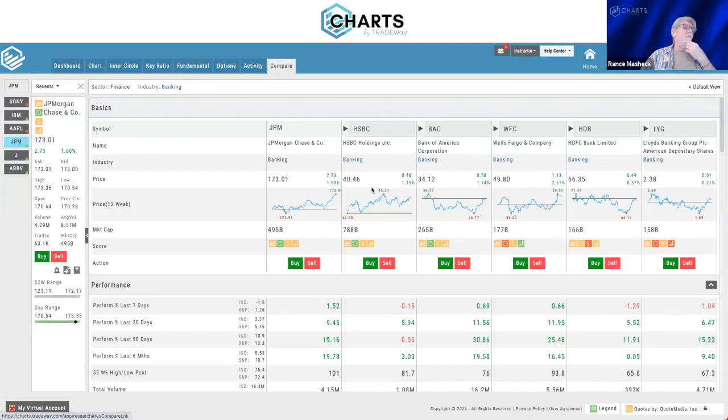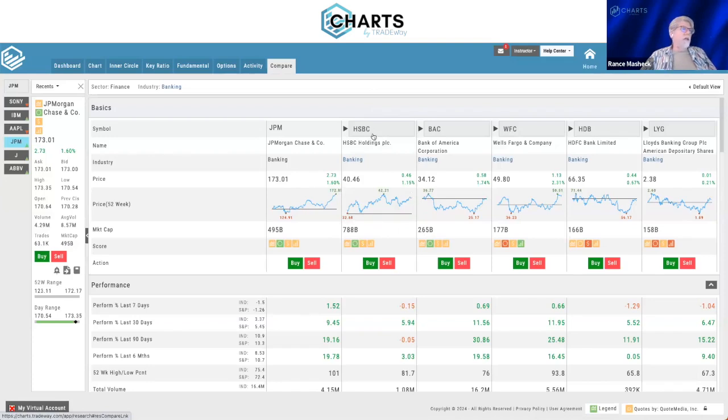If you look at this, the largest one here is HSBC at 788 billion. Then JP Morgan was actually number 2, then you have Bank of America, and so on. Besides the current price, this is a 52-week chart, a 1-year chart.